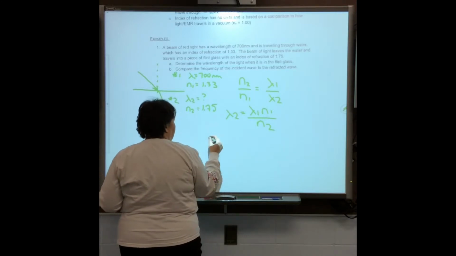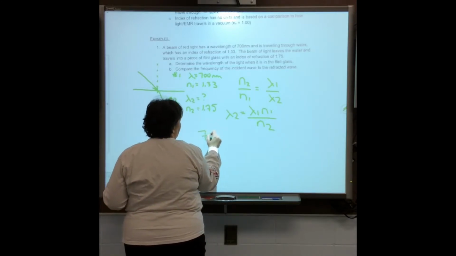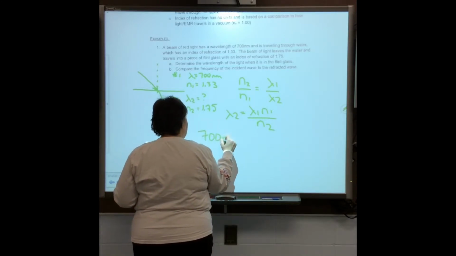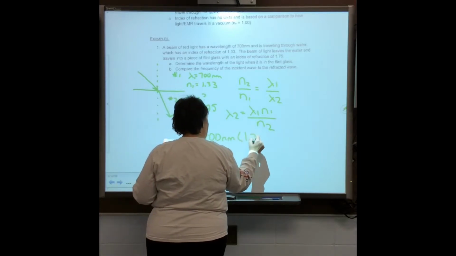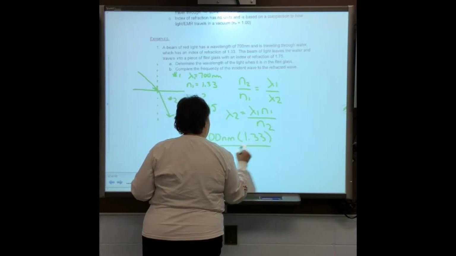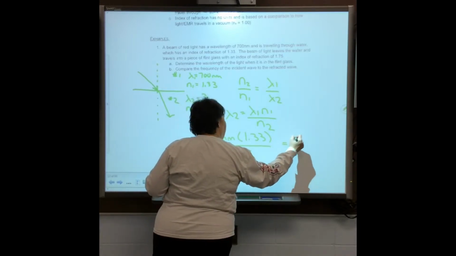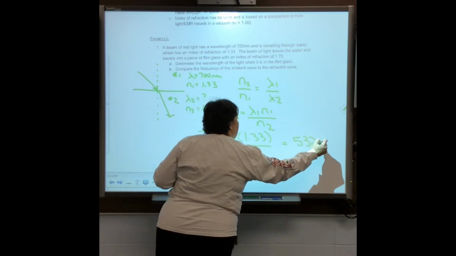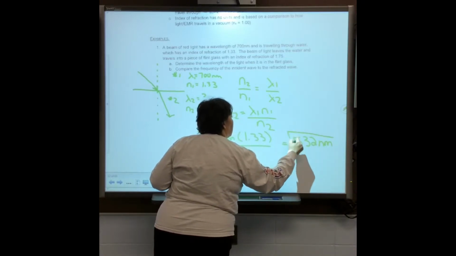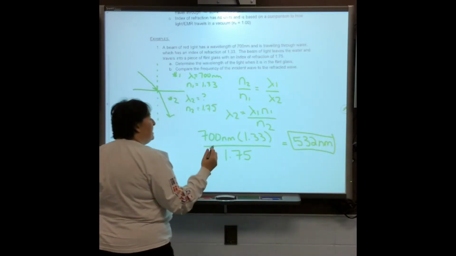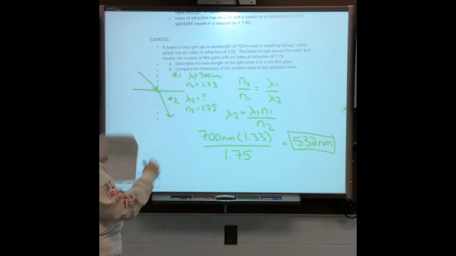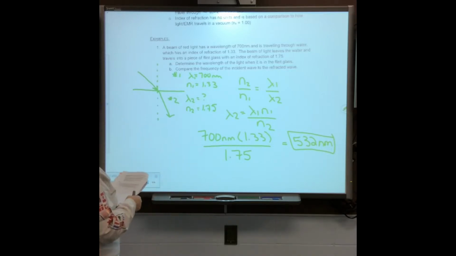So that gives us a value of 700 nanometers times 1.33 divided by 1.75, giving us a value of 532 nanometers. Okay, we can leave it in nanometers because it's a ratio, so we don't need to change it to meters.